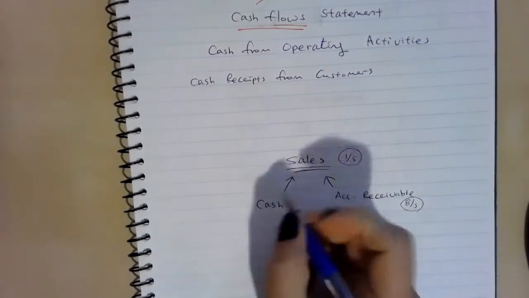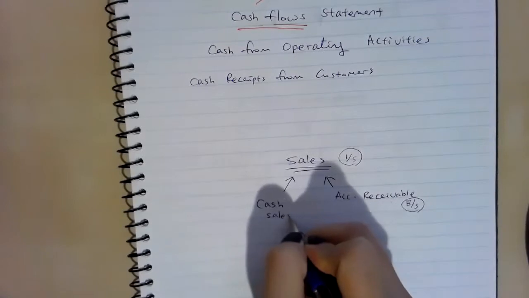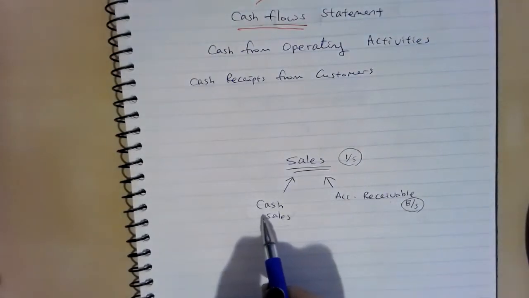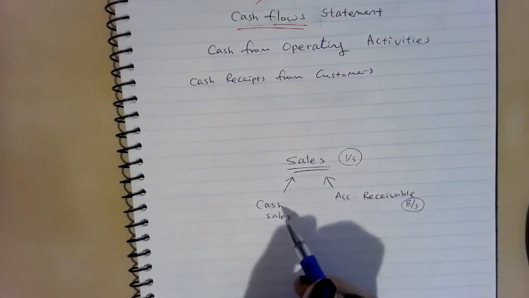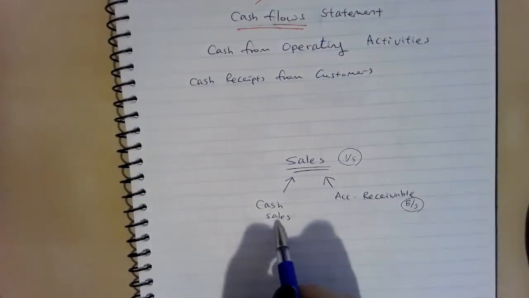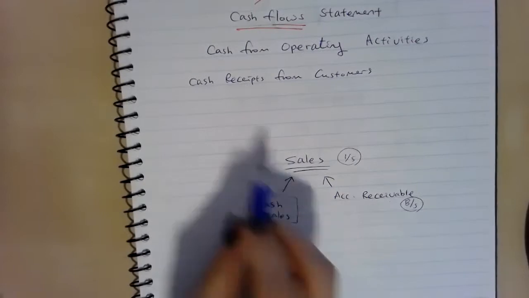When I say cash here, it's cash sales. Now, this is not shown on the balance sheet separately. You will have a cash balance, but it does not necessarily mean that it's cash from sales, right? Because it could be cash received from non-current assets, or it could be cash from capital. So now your job is to work out that amount so we can include it there.